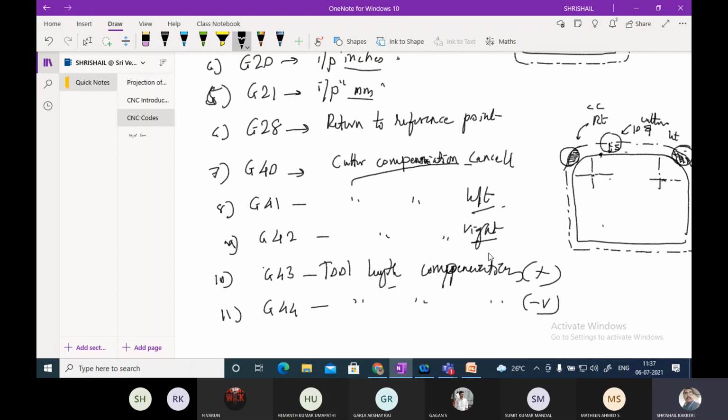These are the two. And if you want to cancel the tool length compensation, then G49. It is tool length compensation cancel.